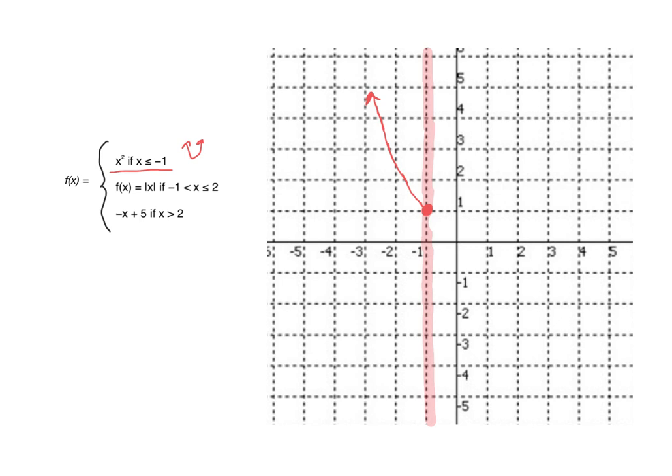So the next piece is an absolute value function, just like we looked at a minute ago. But on this one, we are going from -1 to +2. So if I were to graph an absolute value function here, it would look like this. This would be my absolute value function.